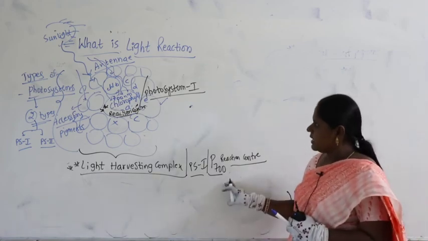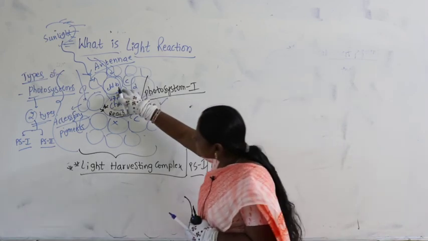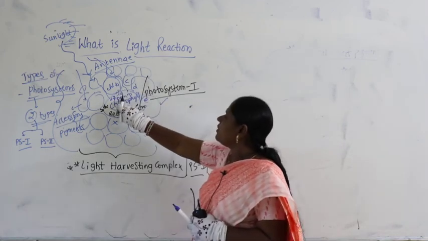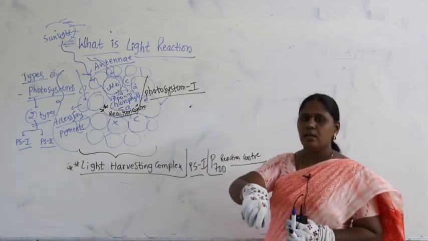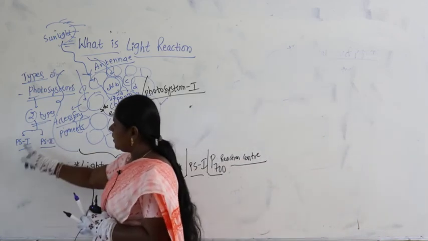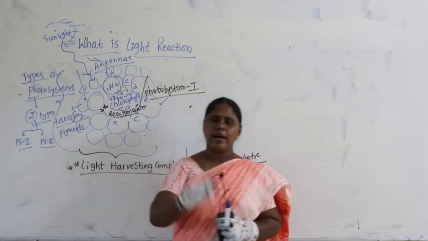Here the meaning is that photosystem 1 is named based upon the absorption of light by chlorophyll A. Why do you call them 1 and 2? We have two types, photosystem 1 and photosystem 2.